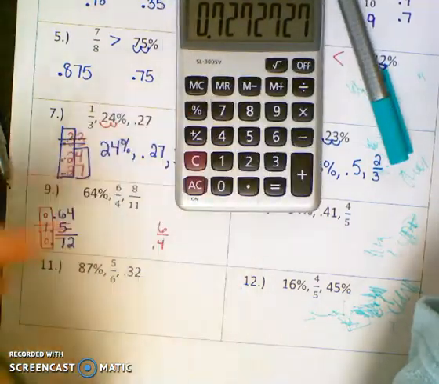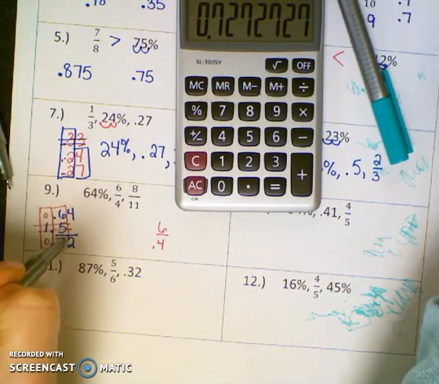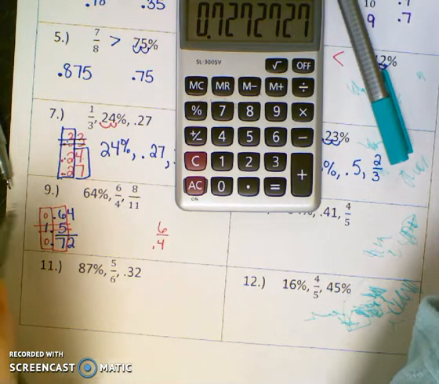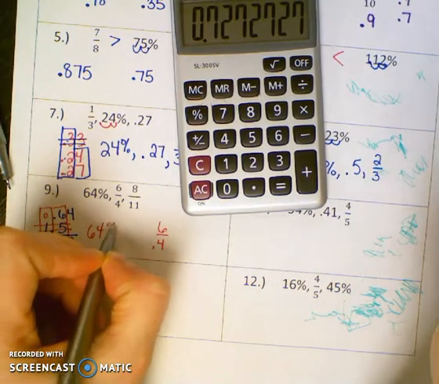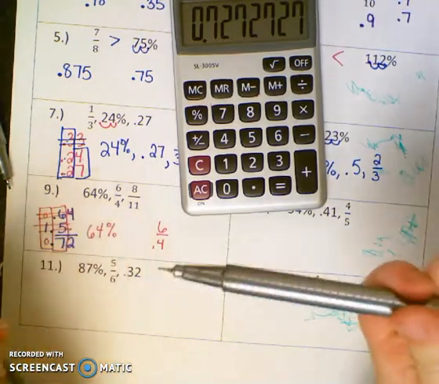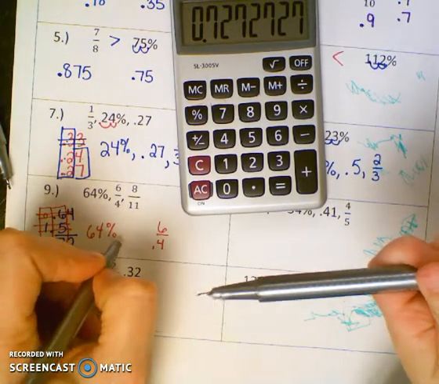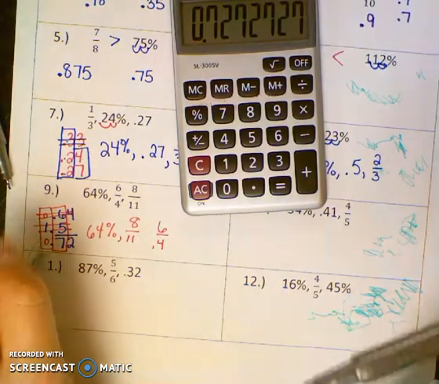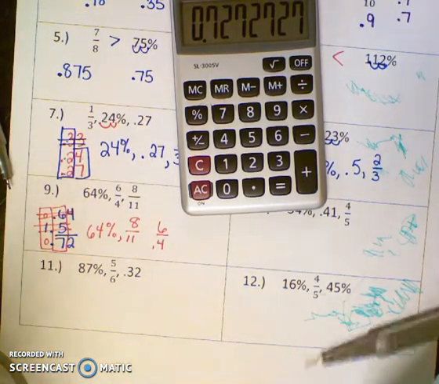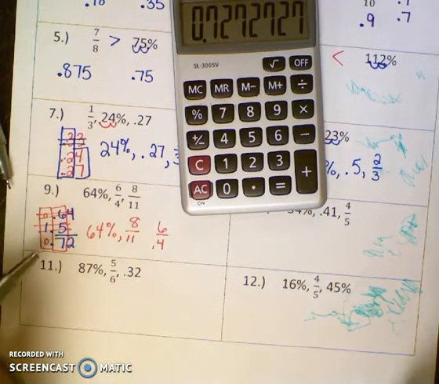Now, I'm going to look at my next two. I have a 6 and a 7. What is the smallest? The 6. So I'm going to have 64% as my smallest. And then I'm going to have the 8/11 as my middle. I also find it very handy if I set these up in order.